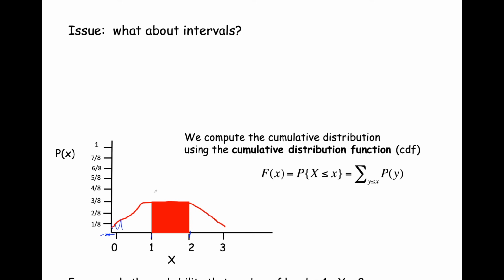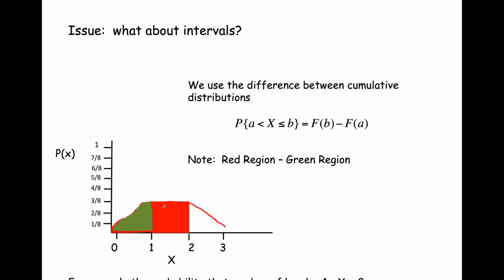And so we can use this CDF, cumulative distribution function, to effectively subtract out what we don't want to leave this notch, this gap, this interval for which we're trying to form a complex event. And so the difference between cumulative distribution is the probability of a notch, an interval.